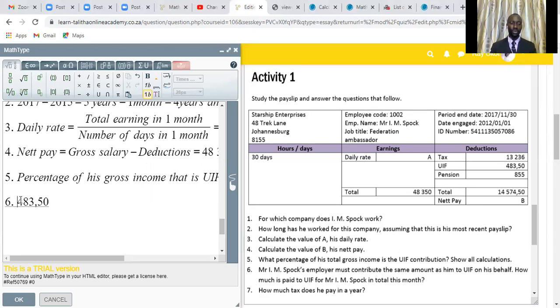So yes, IM Spock earnings or the total contribution. Let's call it earnings, what he earns in total.